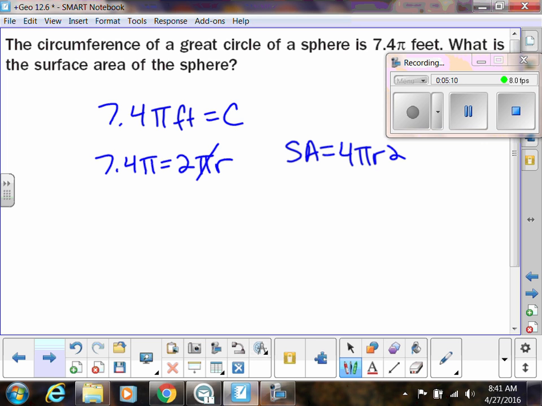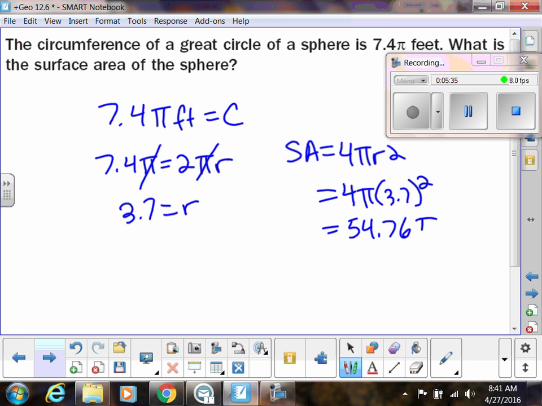So I'm going to cancel out the pi's, and then the r is going to be 7.4 divided by 2. So the radius is 3.7, and now I can plug that back into my surface area formula. And that would be 3.7 squared times 4, which is 54.76 pi.